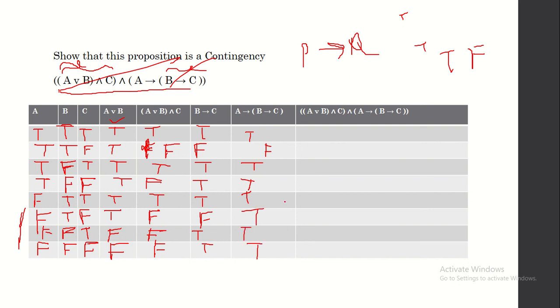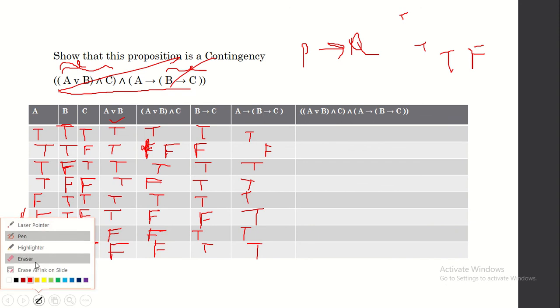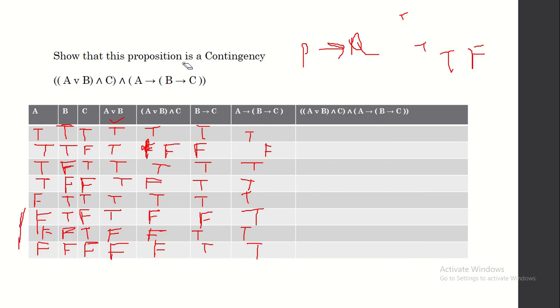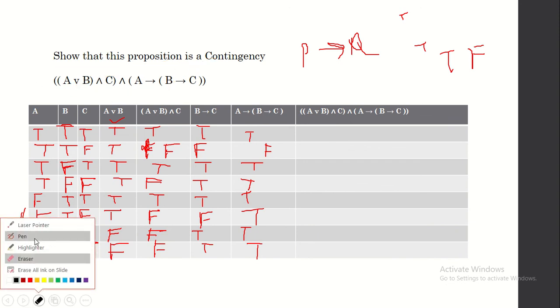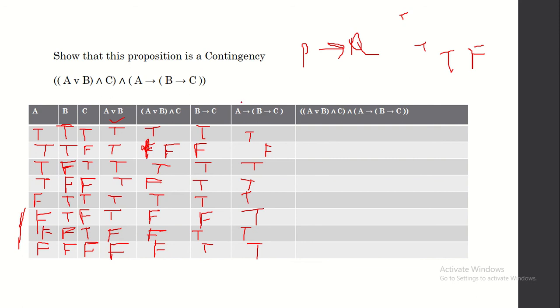So now let's see, we have completed A implies (B implies C), which is this, and (A or B) and C, which is this. Now we need to AND these. If we AND, these are true, so true, these are false, so false.